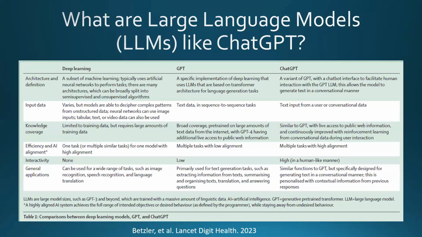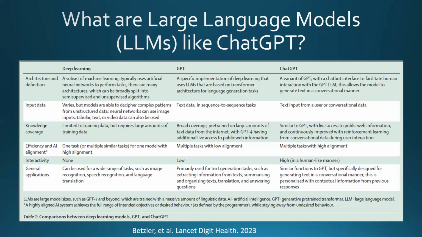In terms of the inputs, for deep learning, it's more variable. It can be unstructured data, it could be tabular, it could be images, whereas with GPT and Chat GPT, it's primarily text that we're dealing with. With deep learning, usually you're feeding in a data set, whereas GPT and Chat GPT are pre-trained on large volumes of textual data.